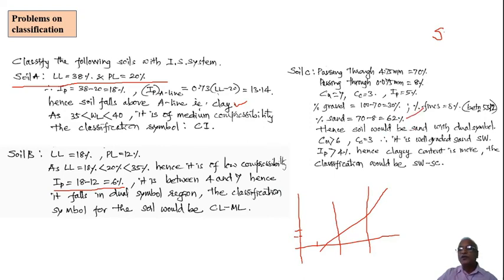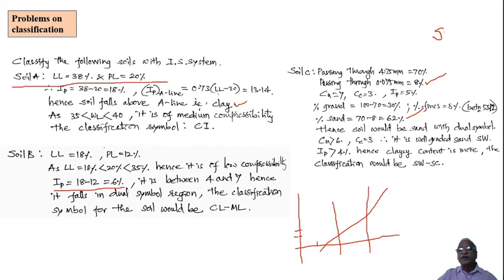Hence, the soil would be classified as sand with dual symbol. Why dual symbol? Because 8% is the fines. If it were less than 5% or greater than 12%, then it would have been a direct symbol. But because fines is 8%, between 5 and 12%, the soil would have a dual symbol.